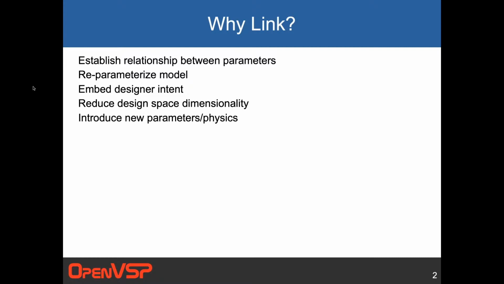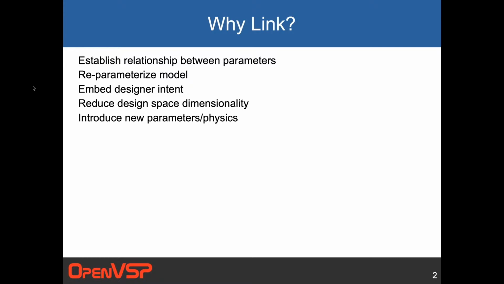But linking allows you to establish some relationship between disparate parameters. And doing this allows you to change the parameters of a model, essentially. You can build your designer intent into it so that you build what you want your model to be like into it. And through that, you reduce the design space dimensionality.